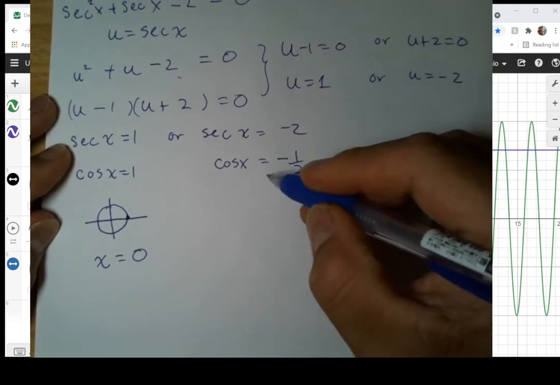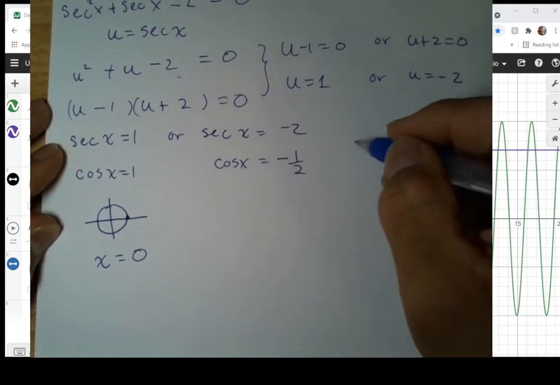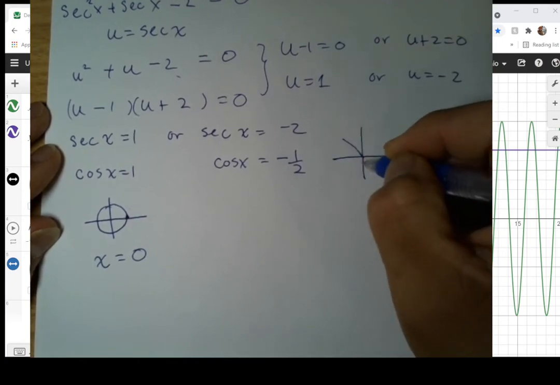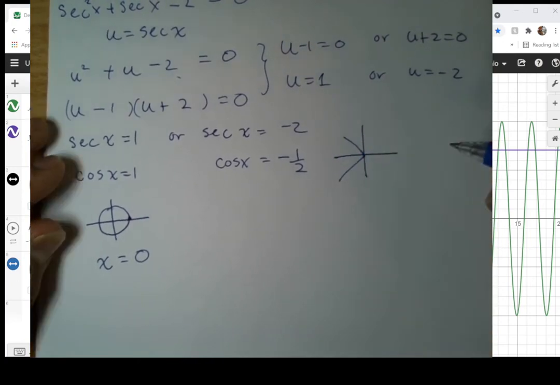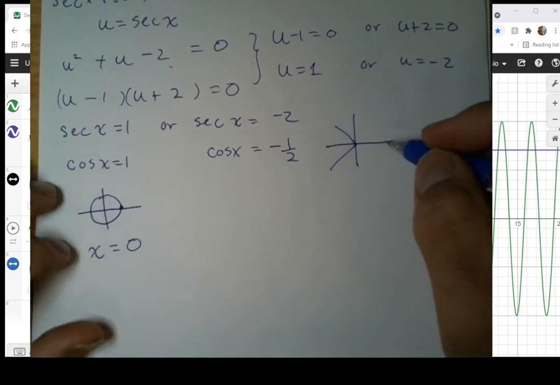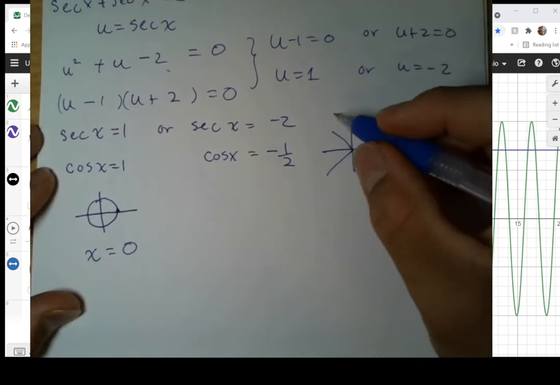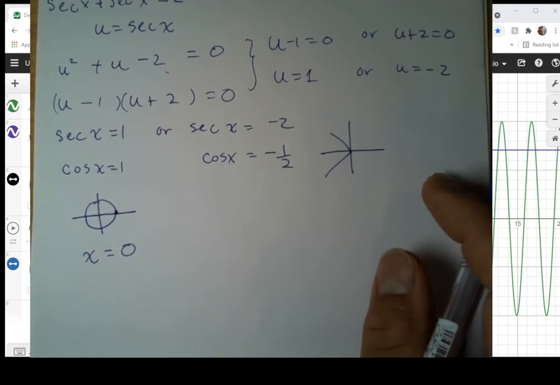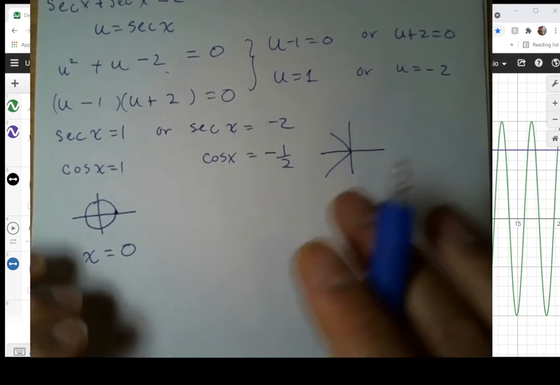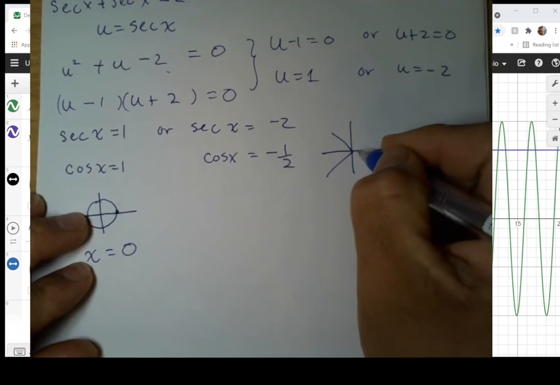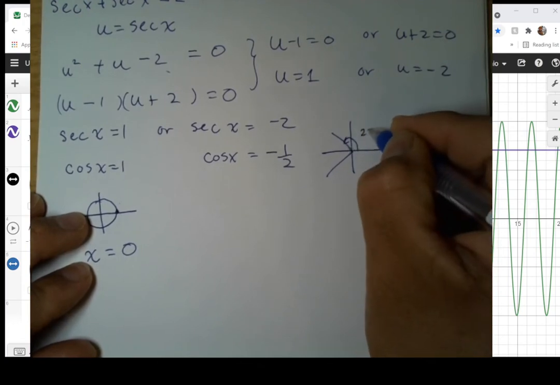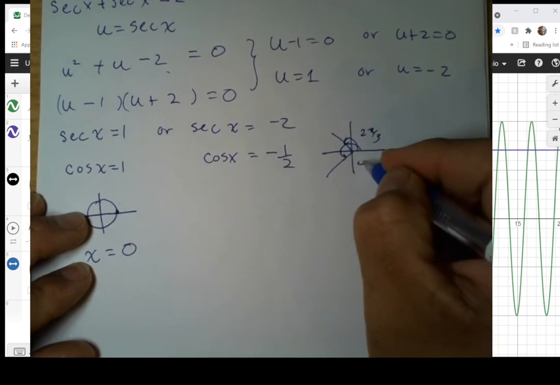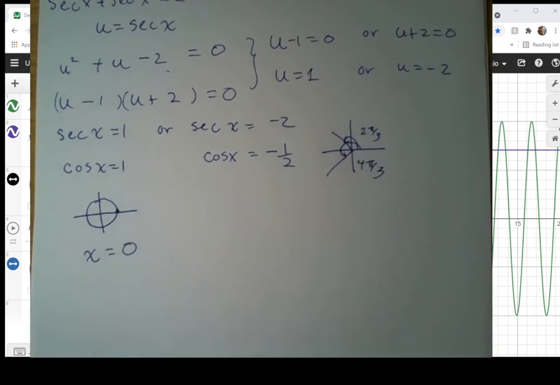Okay, so our next one, cosine x is equal to -1/2. Cosine is negative in quadrant 2 and quadrant 3. And 1/2 corresponds to an angle on the unit circle, that angle being pi/3, our reference angle. In quadrant 2, that becomes 2 pi/3, and in quadrant 3 it becomes 4 pi/3. Right?